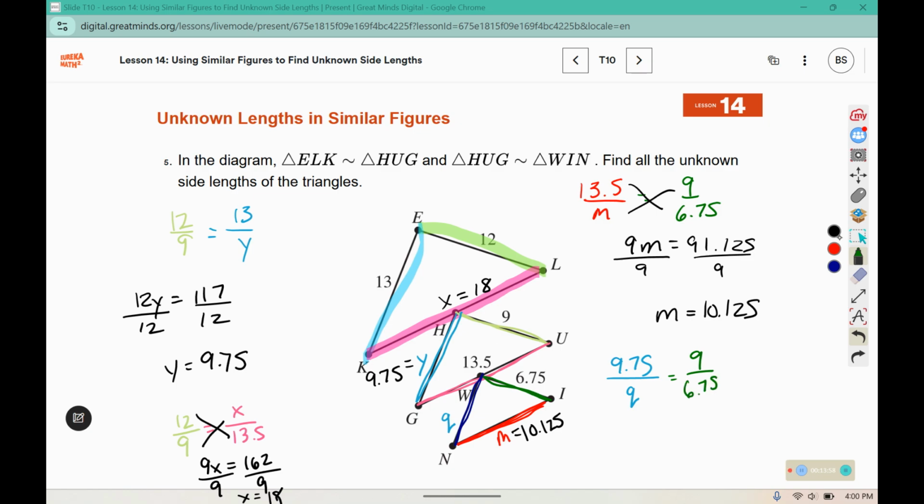Cross multiply. Divide by 9. And Q equals 7.3125.